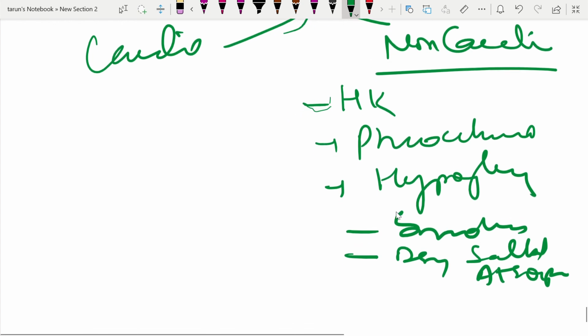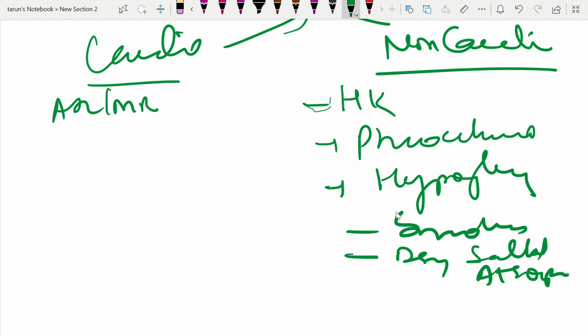Then cardiac causes of palpitation include all those lesions: aortic regurgitation, mitral regurgitation, tricuspid regurgitation, mitral stenosis, ASD, VSD, PDA. All these cause palpitation.